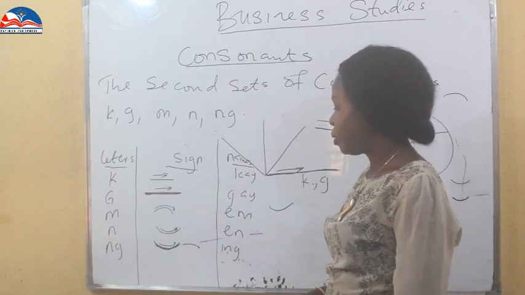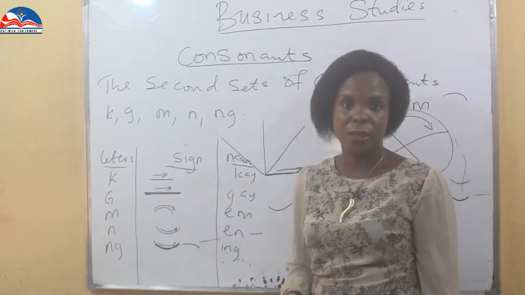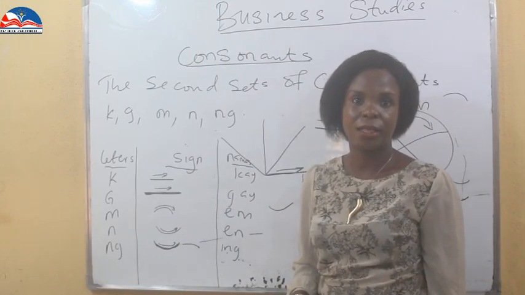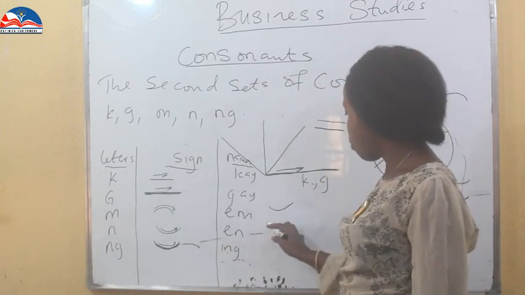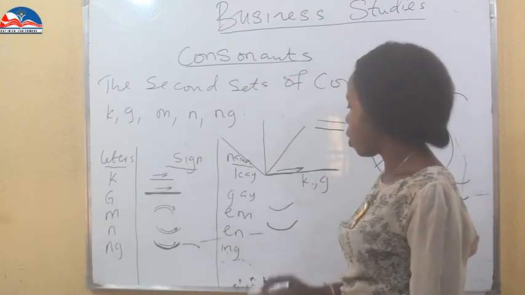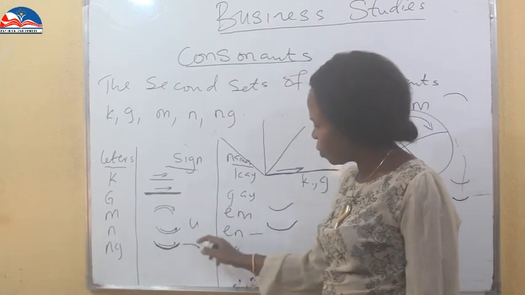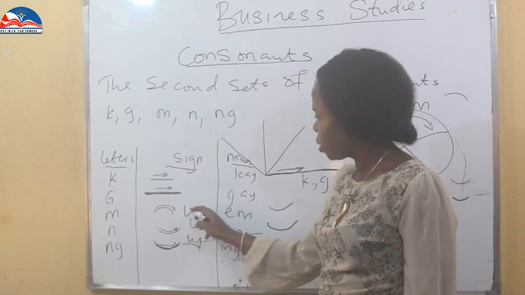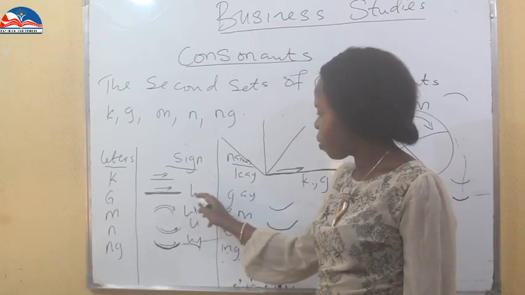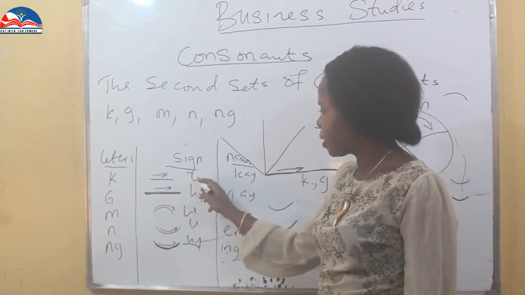Then we have the NG, like king, ing, written in that same upward curve, but a heavier one. This is a light one. This is a heavier one. This is a light one. This is a heavier one. And this is a light curve.